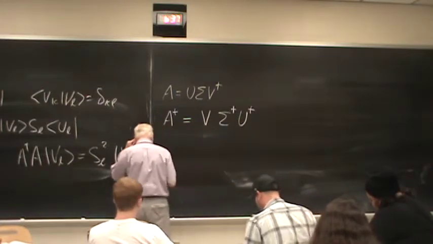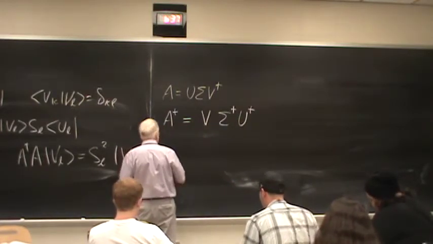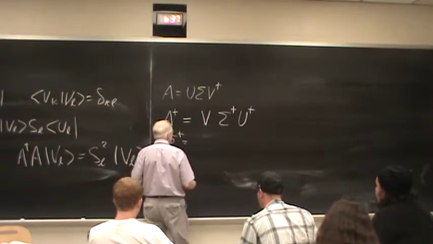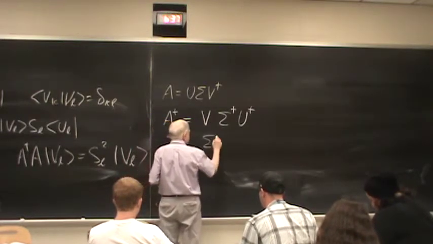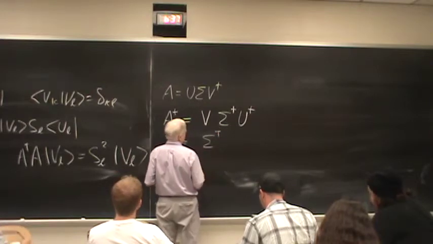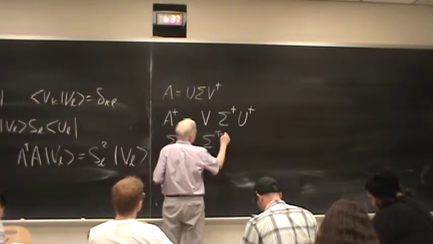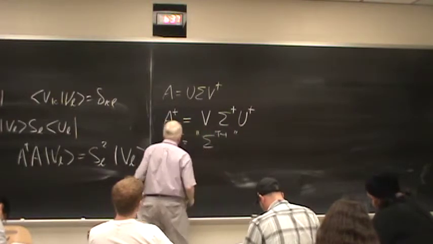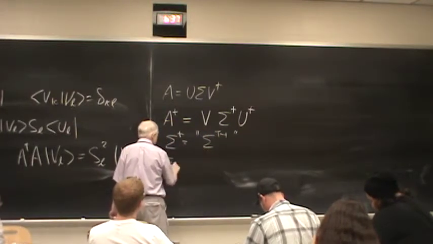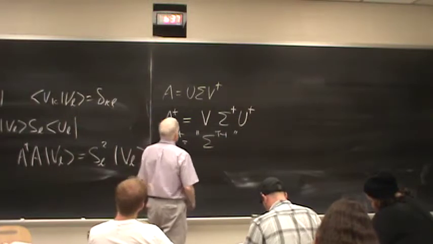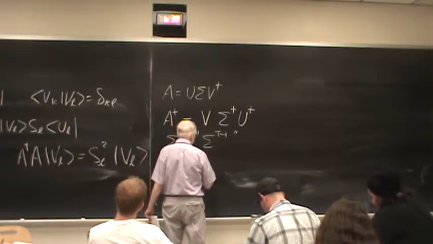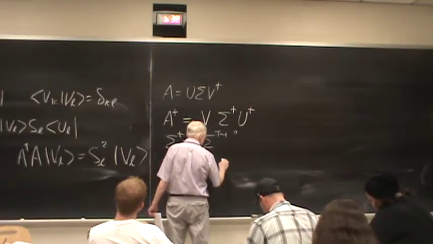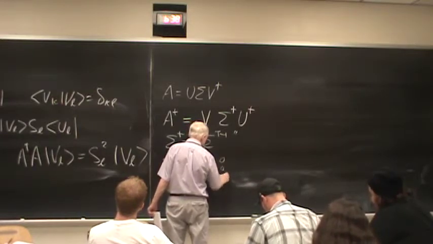Sigma plus is kind of amusing. Sigma plus is basically sigma transpose inverse in a certain sense, but I'm going to put quotes around this. So let me give an example. Suppose sigma looks like this: 1, 2, 3, and then 0, 0, 0.